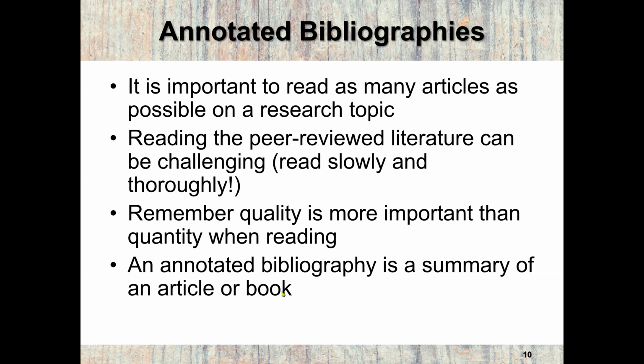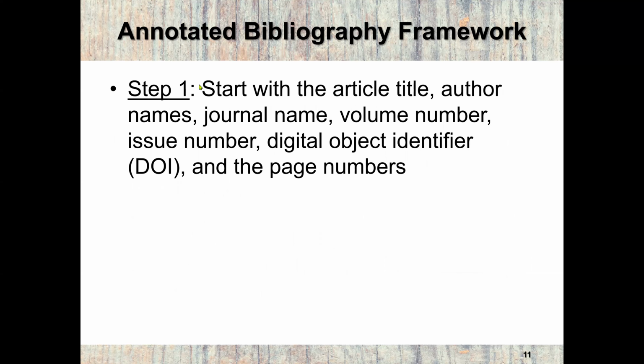So an annotated bibliography is a summary of an article or a book. In our assignment, if I have 20 literature reviews, I may summarize all the 20 articles in one paper, an annotated bibliography.